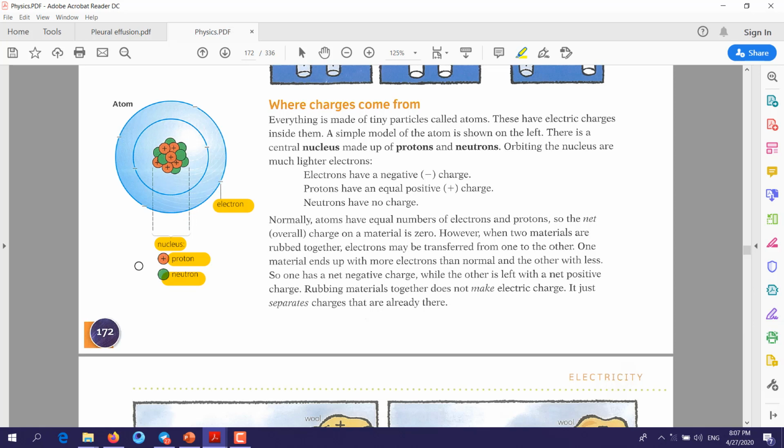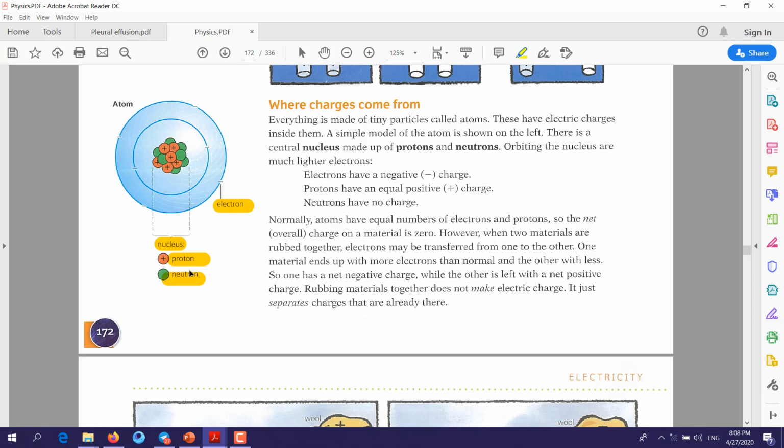The proton has a positive charge, the electron has a negative charge, and the neutron has no charge. The normal or neutral atom, before rubbing it, consists of an equal number of electrons and protons.